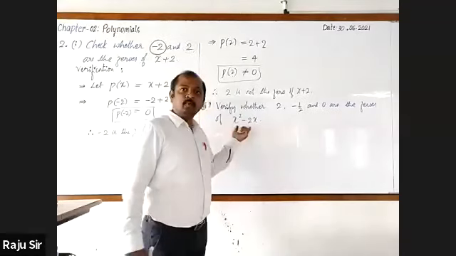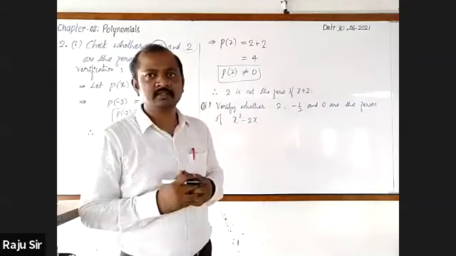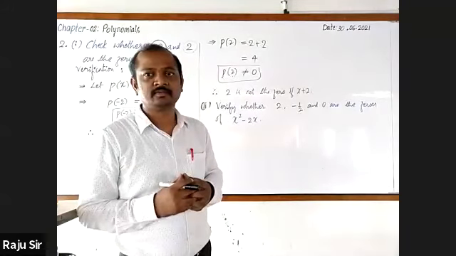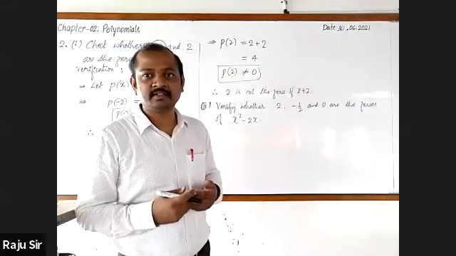One. If quadratic polynomial, two zeros. What type of polynomial is it? Quadratic. Then how many zeros should be there? Two zeros. Three numbers are given. Is it correct?